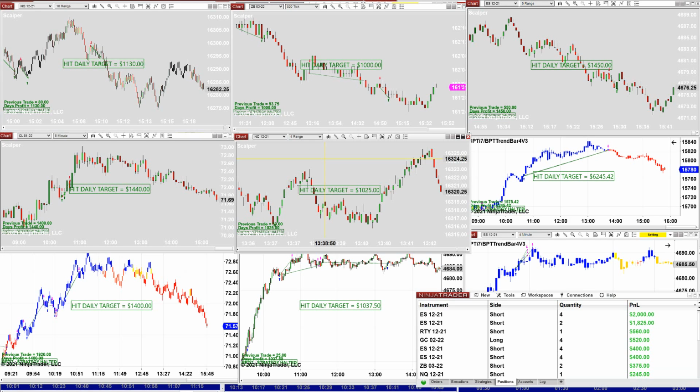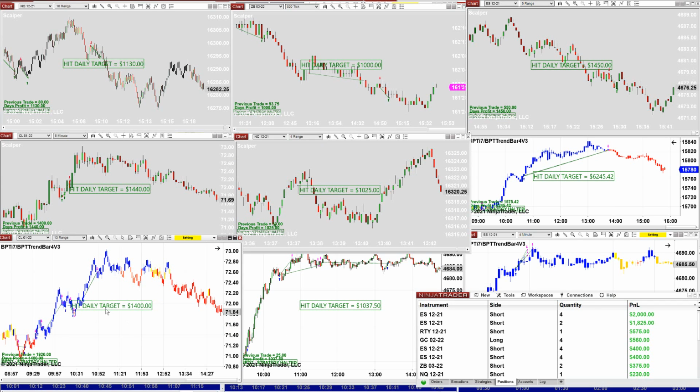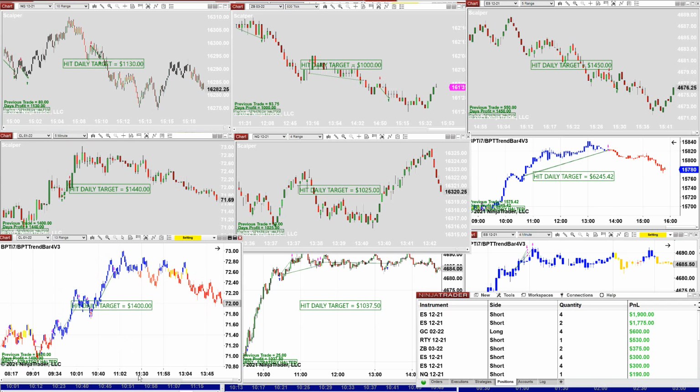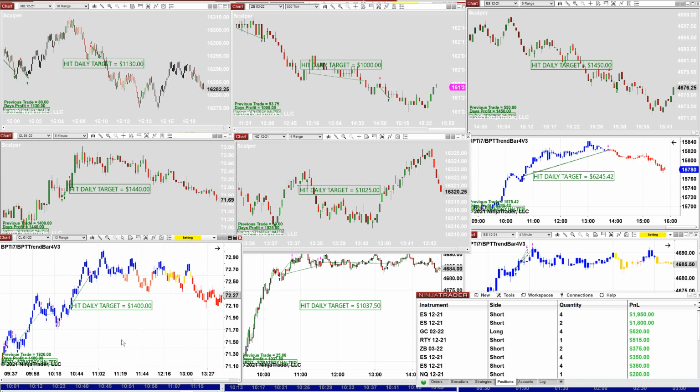Because we have a big variety of different types of entry, let's say on the TI7, you will find one entry does not work on the ES, one entry will work on the Nasdaq perfectly, and the other entry works on the CL perfectly. A filter that works on the CL does not mean it's going to work on the Nasdaq.